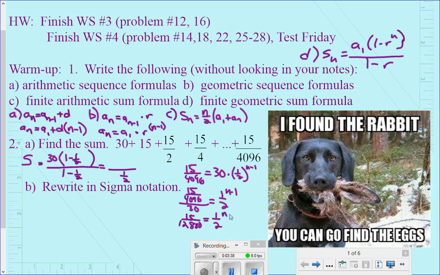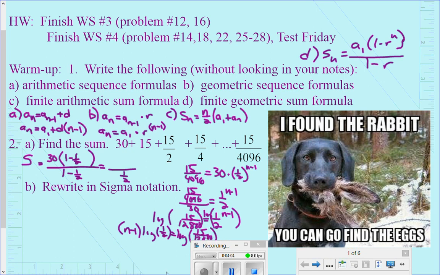It equals half to the n minus 1 power. So I'm trying to solve an exponential for a variable exponent. I know that I need to take the log of both sides. Then I get the quantity n minus 1 times the log of 1/2 equals the log of 15 over 122,880.